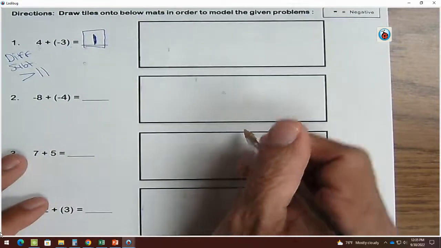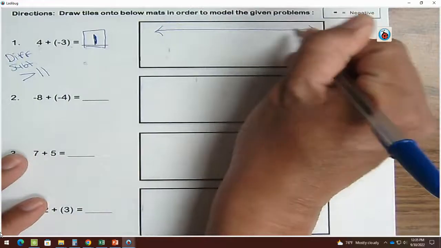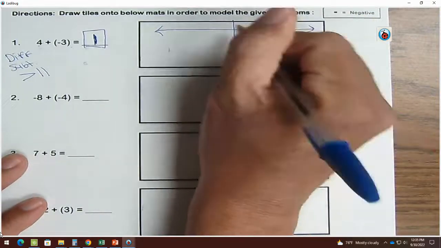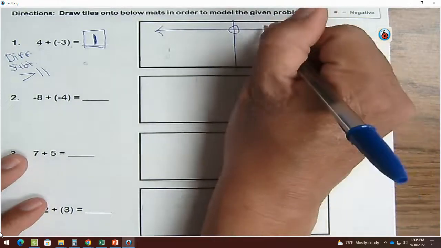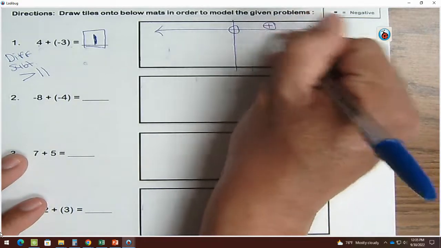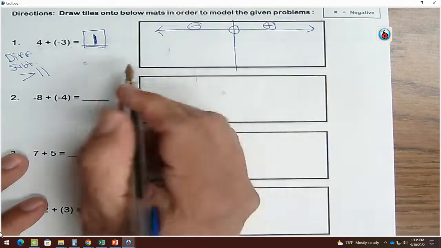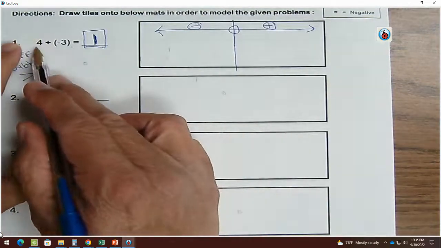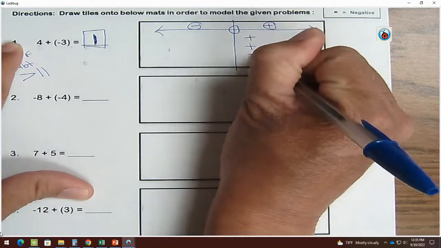Now if I do my model here, I like to use a number line and then a T-chart. On the number line, we put 0 there. We know that on the right side of 0, we always have the positives. And the left side of 0, we have the negatives. So I'm just going to go with this guy first. 4 positives. So I'm going to draw 1, 2, 3, 4.